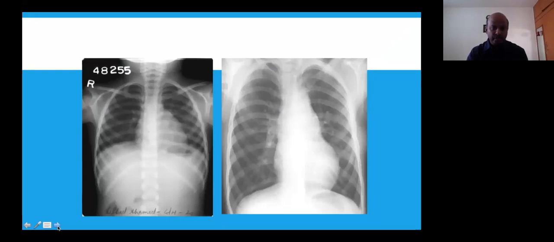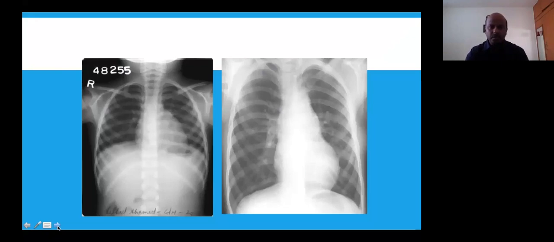So on the left, the 4-year-old's X-ray shows a mild cardiomegaly with a rounded left ventricular contour. So pulmonary vascularity may be mildly increased, not too prominent.